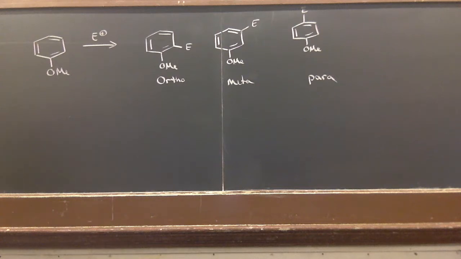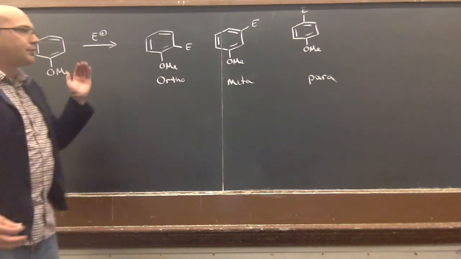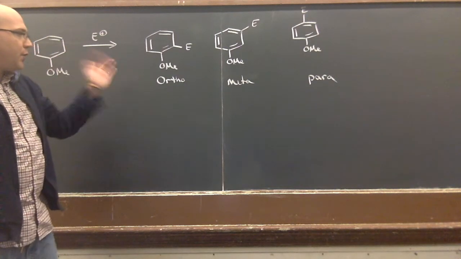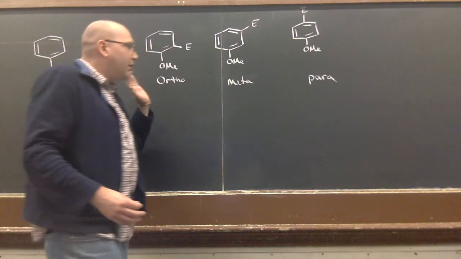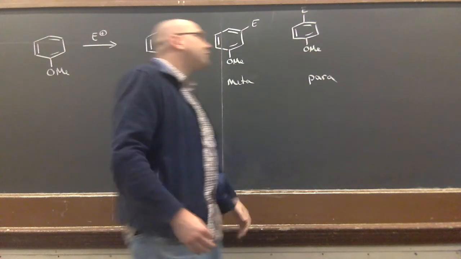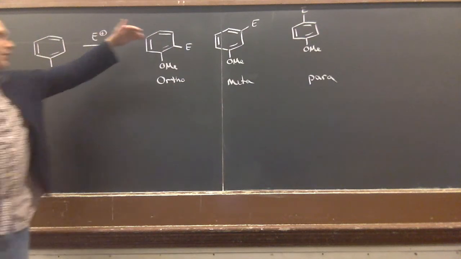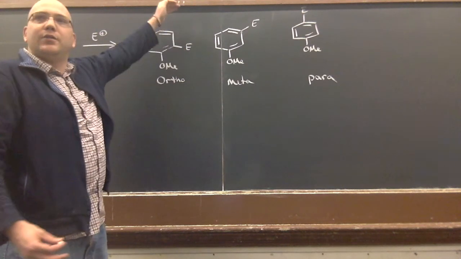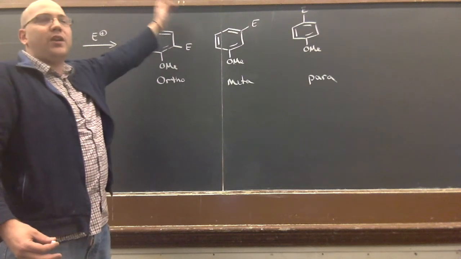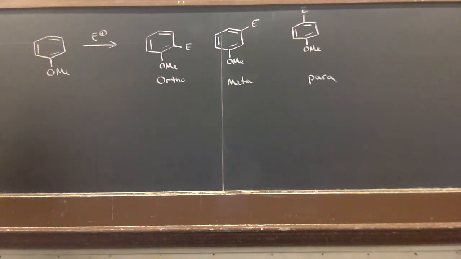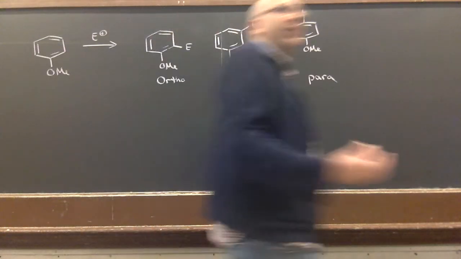So there are multiple products that you can generate. Again, we went through the naming, ortho, meta, para, which basically reflects whether it's on the carbon immediately next to it, with the carbon in between, or across from one another. And what we began to get into last class was the question of how you can reason any selectivity that might be involved.